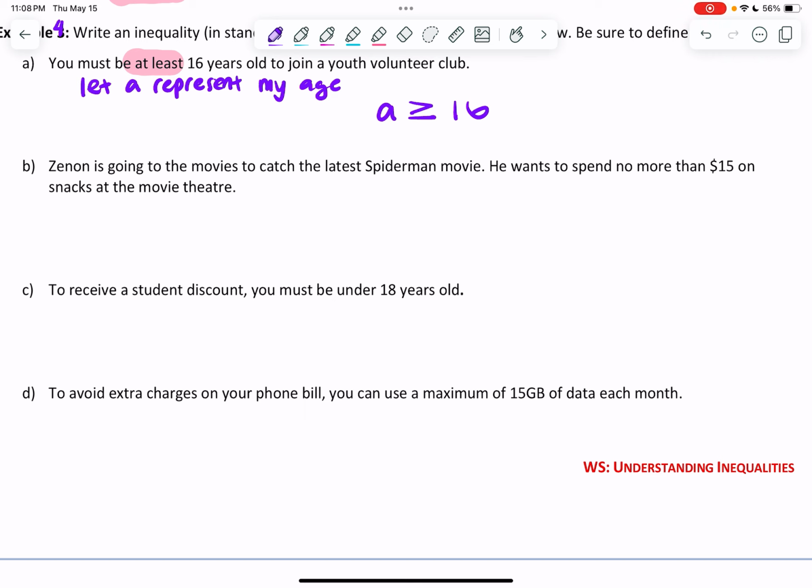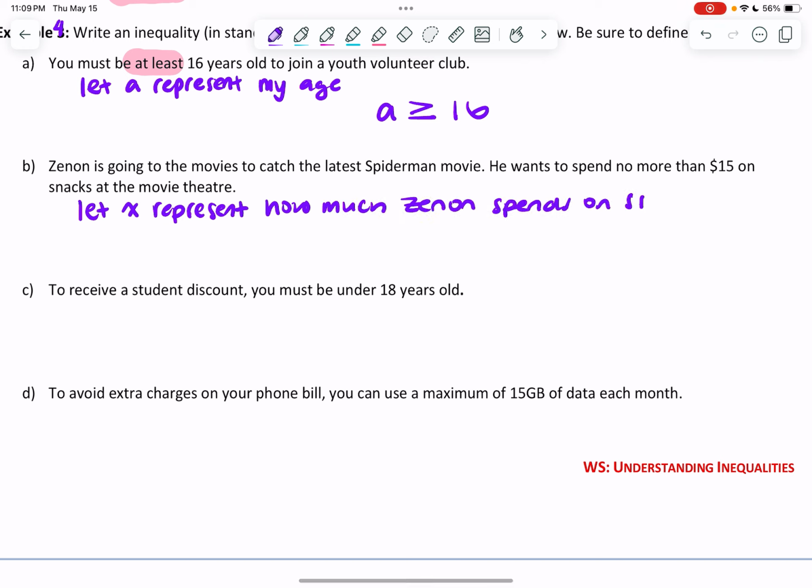All right, Zenon is going to the movies to catch the latest Spider-Man movie. He wants to spend no more than $15 on snacks at the movie theater. So I'm going to say let X represent how much Zenon spends on snacks at the movie theater.